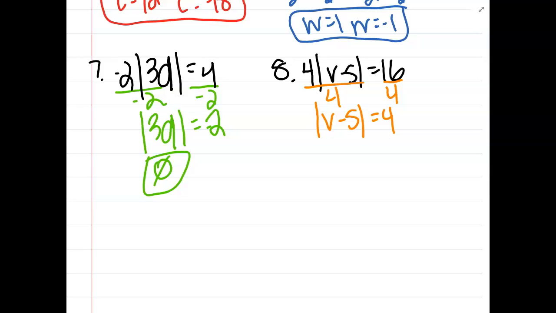Now that the absolute value is isolated, what's my next step? What's my next step here? Now I can't add 5 because it's inside the absolute value bar. So I can't add or subtract things outside of the absolute value.